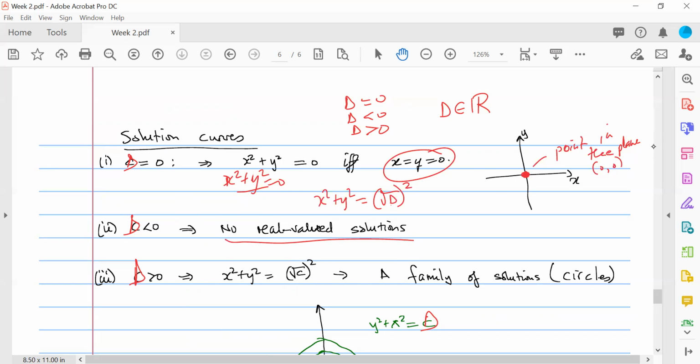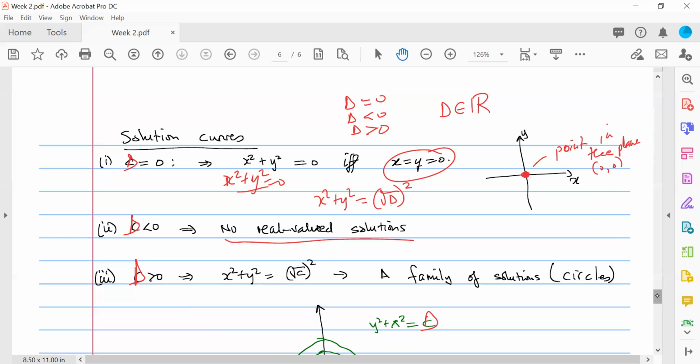But if you were talking of the complex space, you're going to also have the equation of a circle with radius root d, sorry. Since we are interested in solutions in the real number system, we don't have any solution curves for that case.